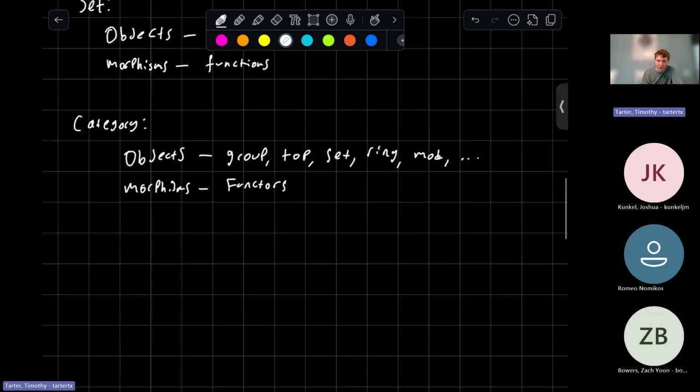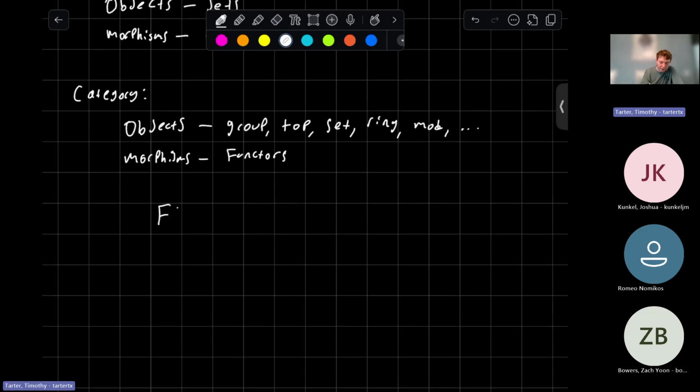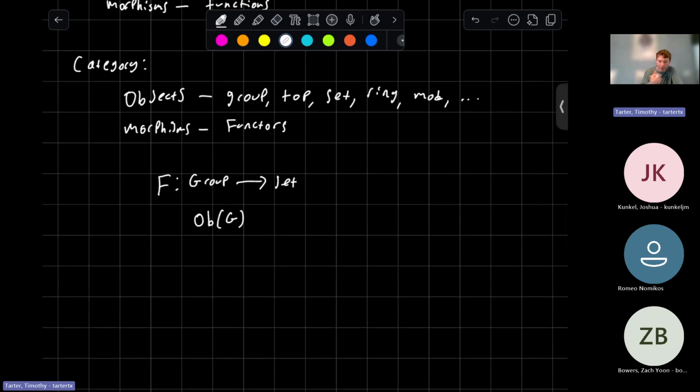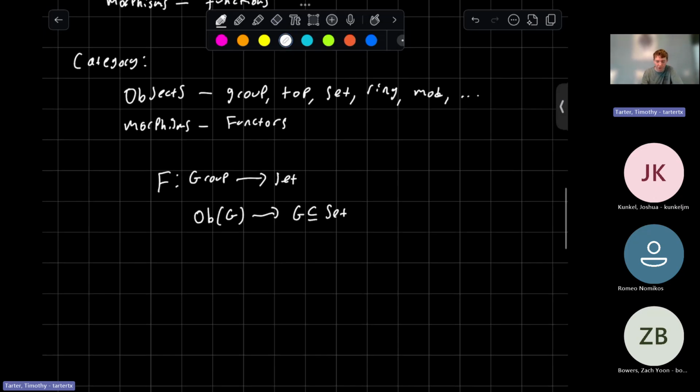And so my first example of a functor, before I fully define it, is that F, a functor from group to set, is this morphism which sends the objects of the group. So it sends ob G, if we're taking some specific group G, right, to its underlying objects in the set. So G as a set. We're forgetting the group structure. Forgetting.